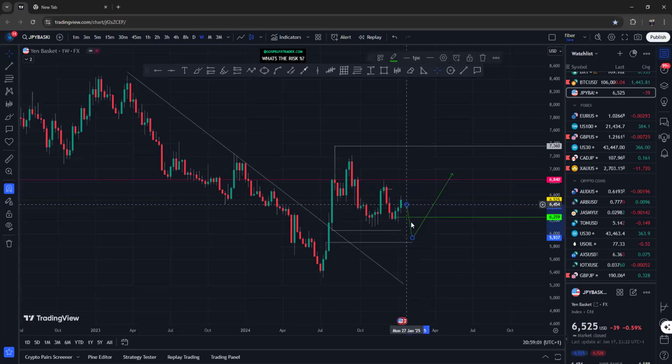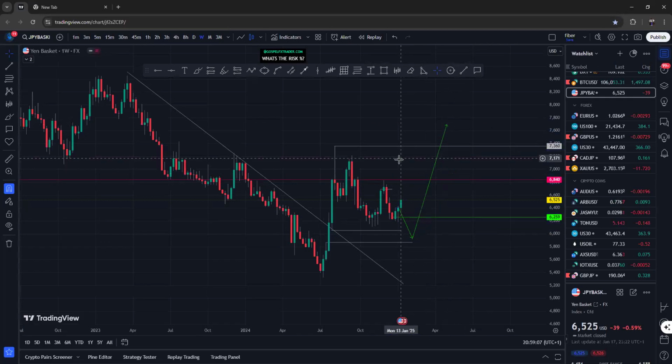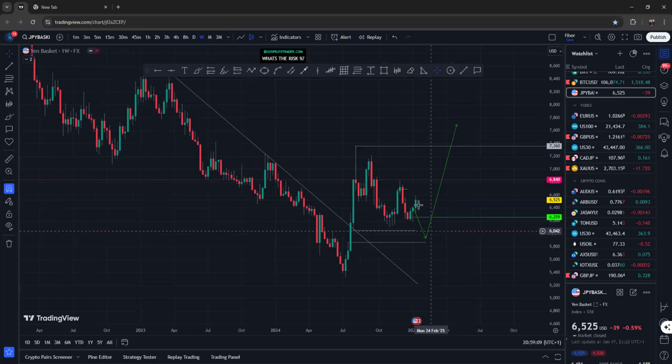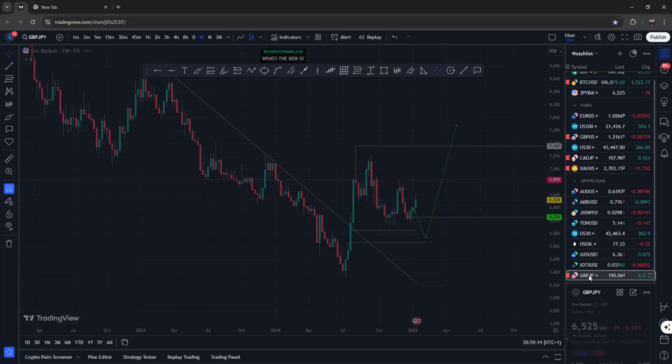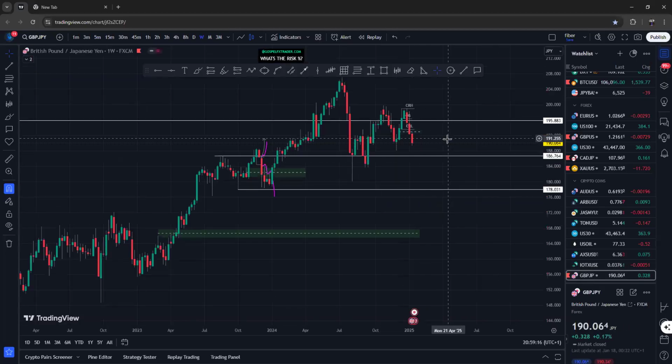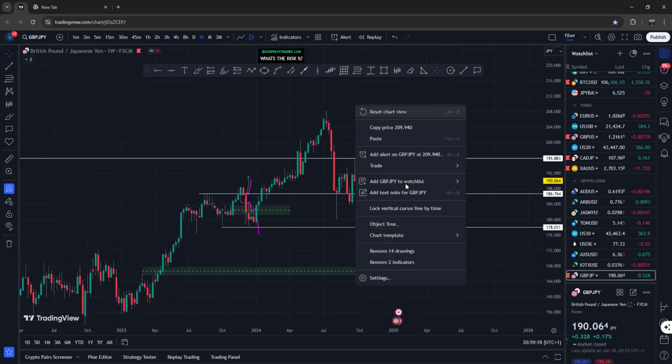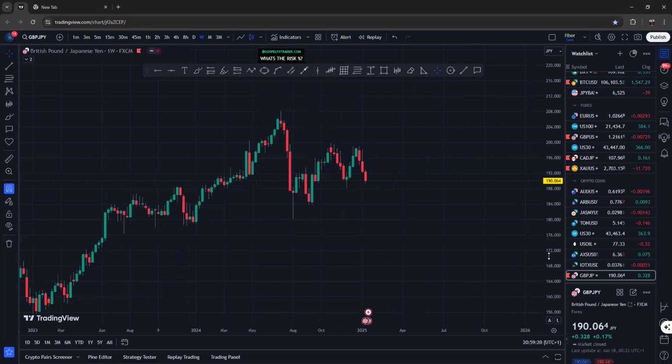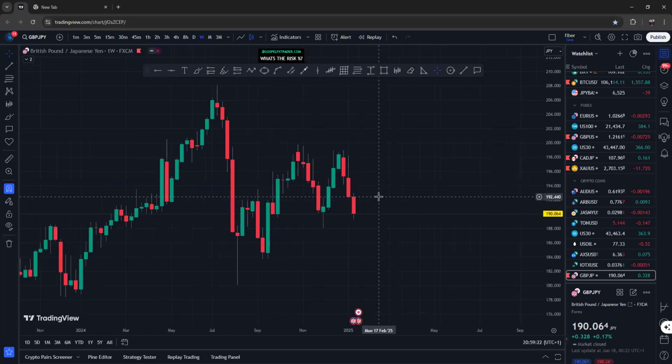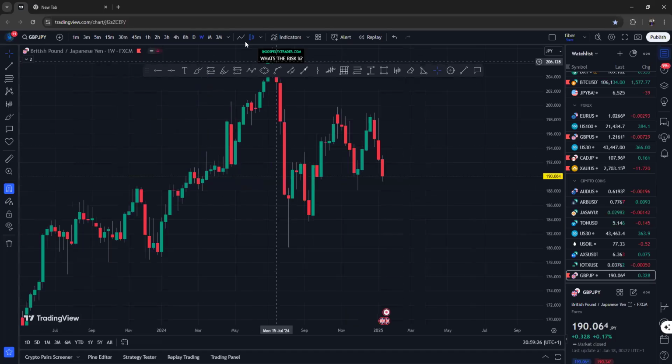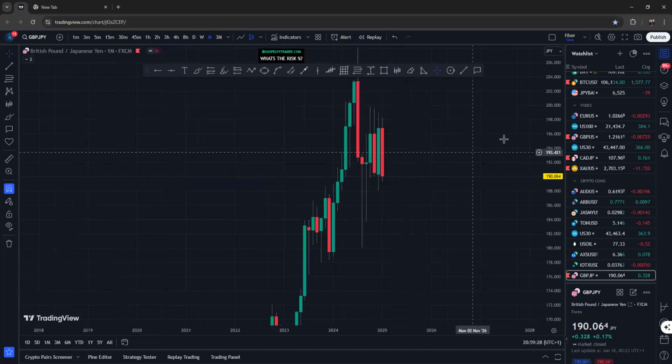Maybe from here we get a pushback down to this fair value gap, and from here we can continue higher. If that's the case, we can have some sells from this point. Remember, we're expecting some sells on this before moving higher.